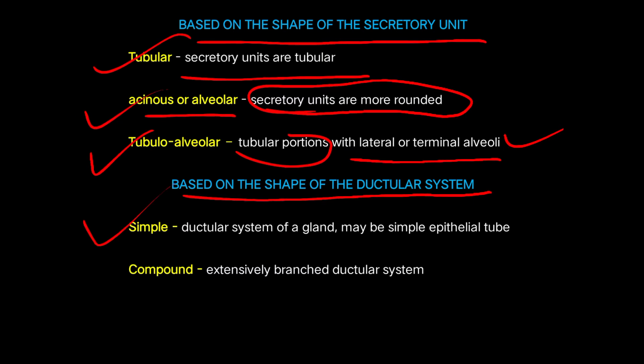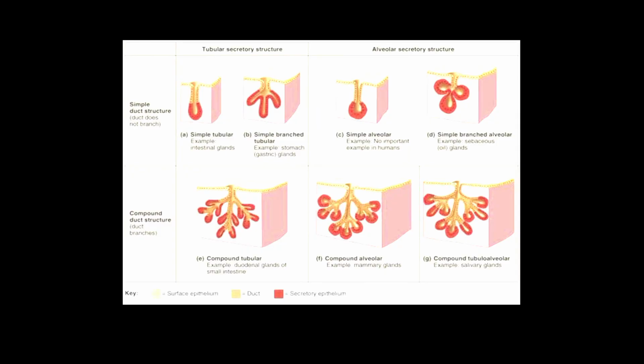Simple means the ductular system of the gland may be a simple epithelial tube, and compound means an extensively branched ductular system is found. Now you can see here a simple ductular structure that does not branch, that is the simple tubular gland, which is found in the intestine. And simple branched tubular is found in the stomach, the gastric glands.